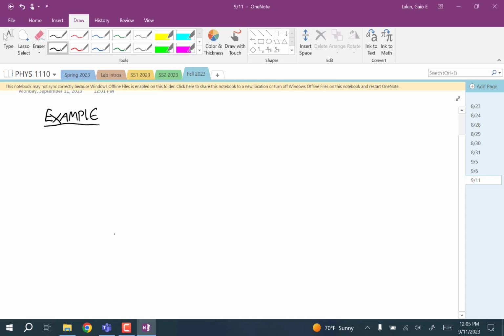And let's say that an object is thrown into the air. And we don't know the height that it's thrown from. But we do know that the highest point it reaches is 10 meters.